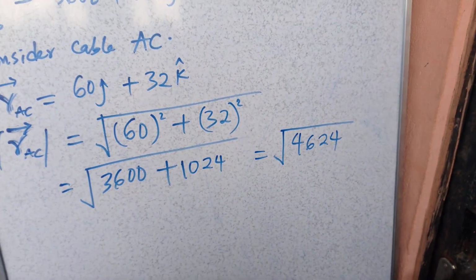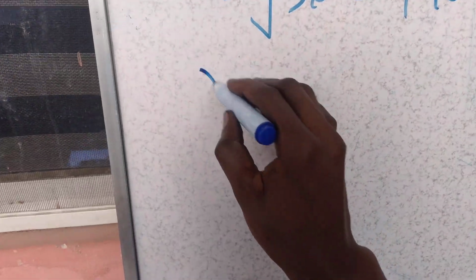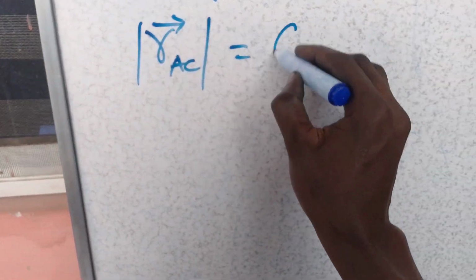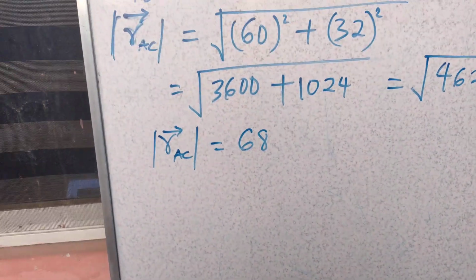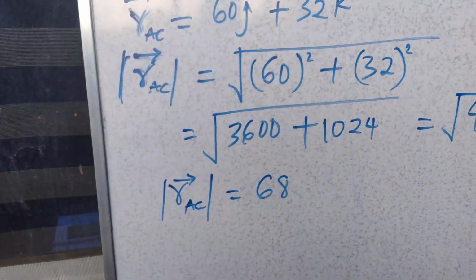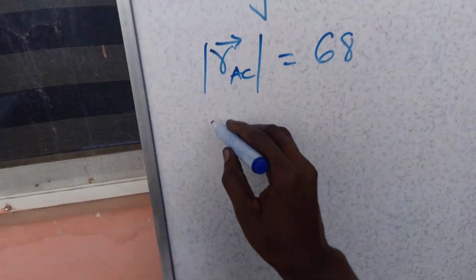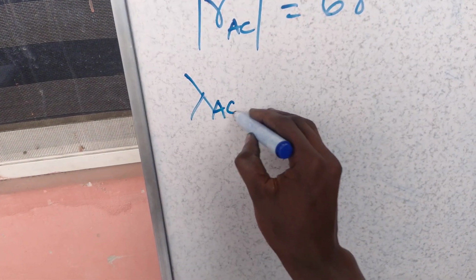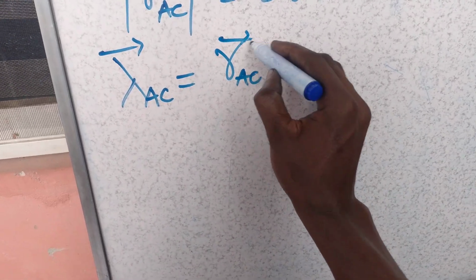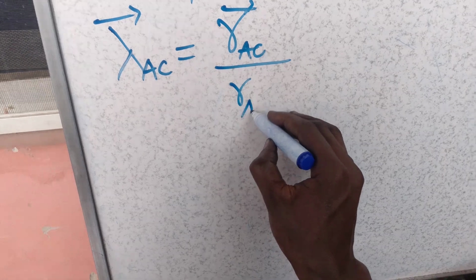Okay, the square root of my answer now will be, RAC is equal to 68. So now I see my position, my unit vector lambda AC is the position vector RAC over the modulus.